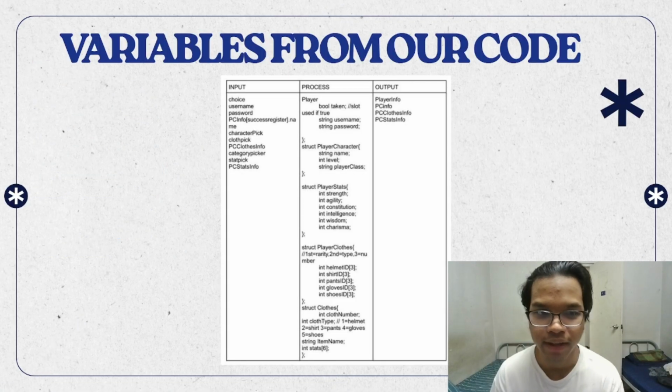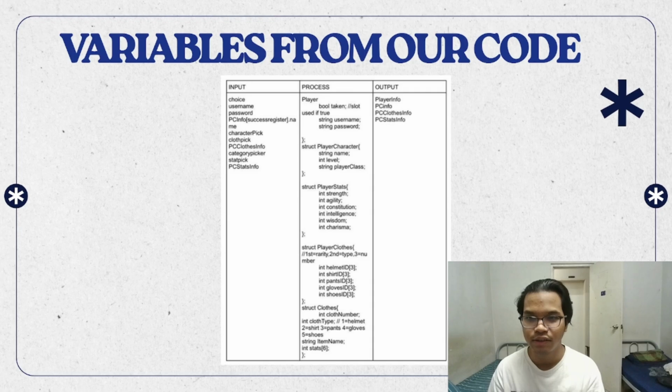So, these are the variables from our code. First of all is input. Inside, we inserted choice, username, password, PC info with an array of success register, name, character pick, class pick, PC class info, category picker, stat pick, and PC stats info.